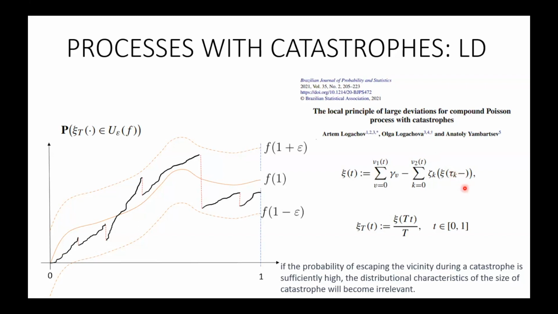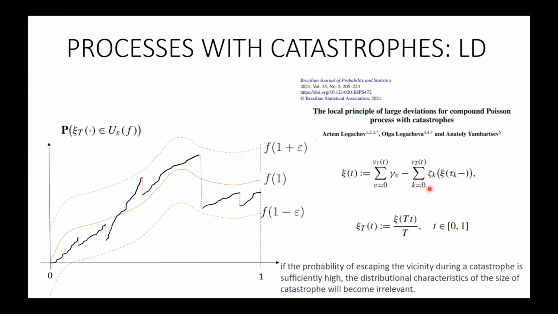I have another question. Are tau k independent of Xi, or what is the structure? What is the law of tau k? Here the tau k is the moment of a catastrophic event. In this particular model that I am talking about now, tau k is the moment of N i2, which is a Poisson process.